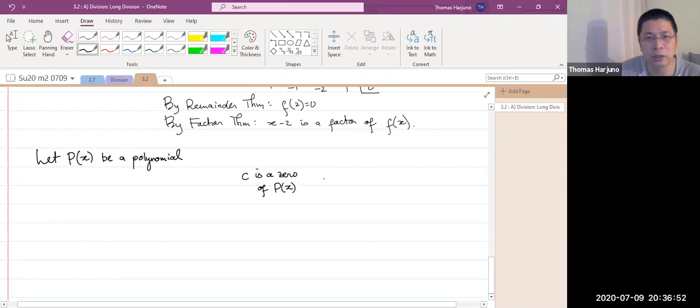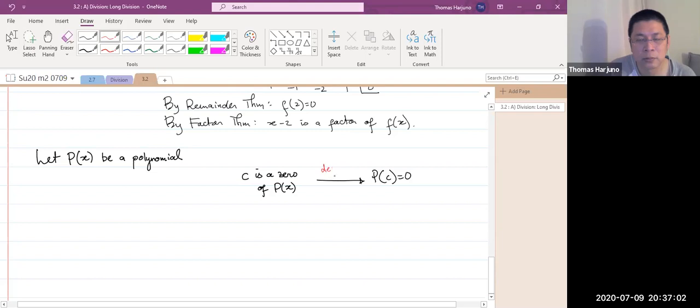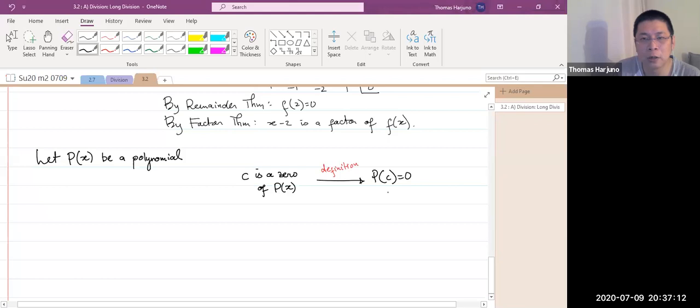By definition, it means P(c) equals 0. That is by definition. Now, according to the remainder theorem, if P(c) equals 0, it means the remainder equals 0. That's what the remainder theorem says.